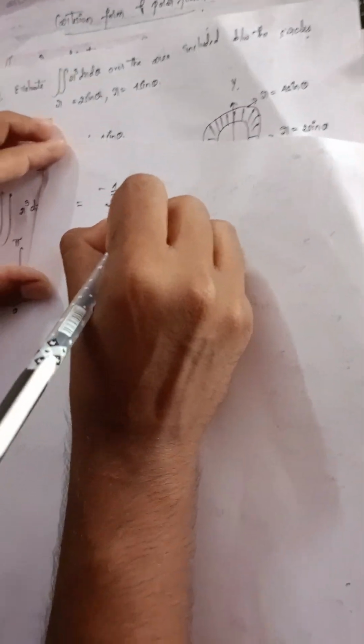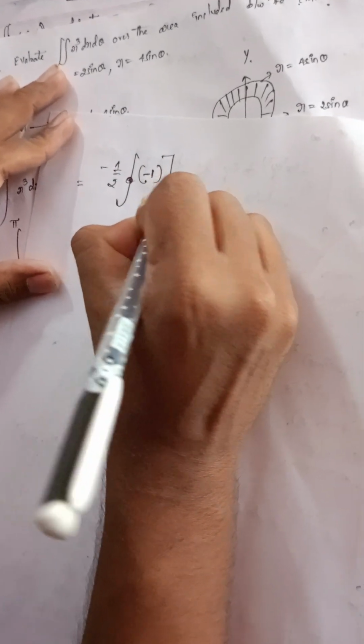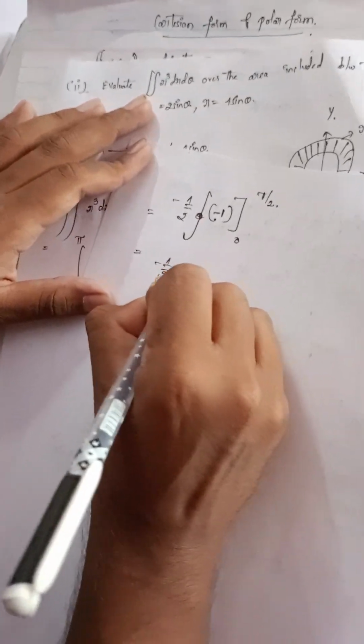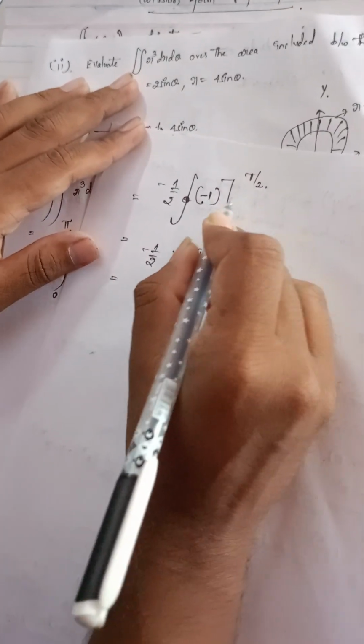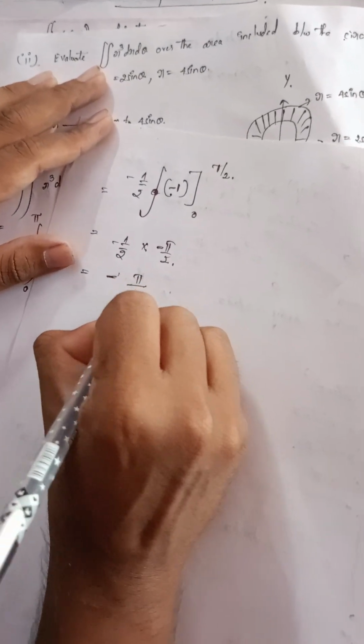Here we will have minus 1, and whose limits are from 0 to pi by 2. So which would be minus 1 by 2 into minus pi by 2, and 0 would be 0. So minus 1 by 2 into minus pi by 2 would be pi by 4.